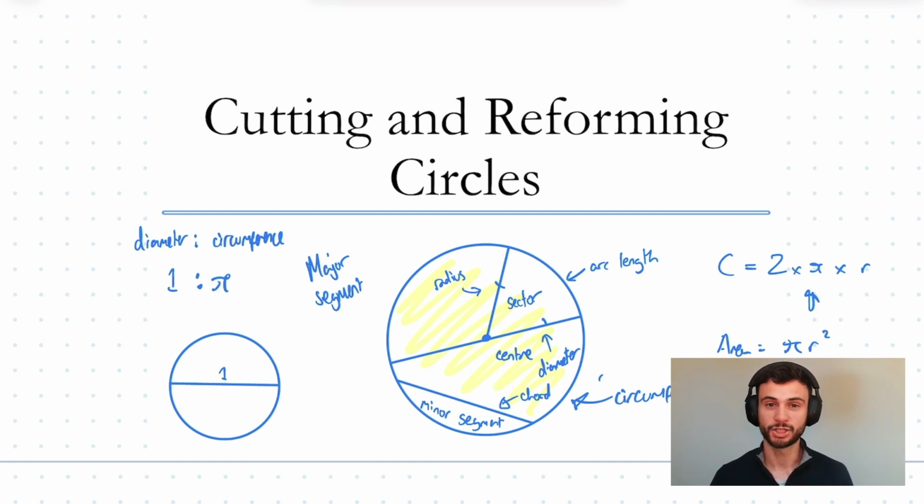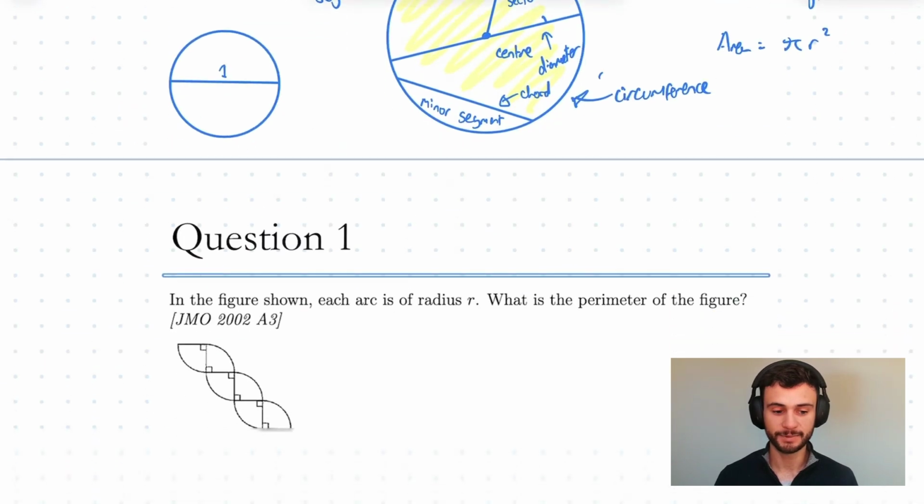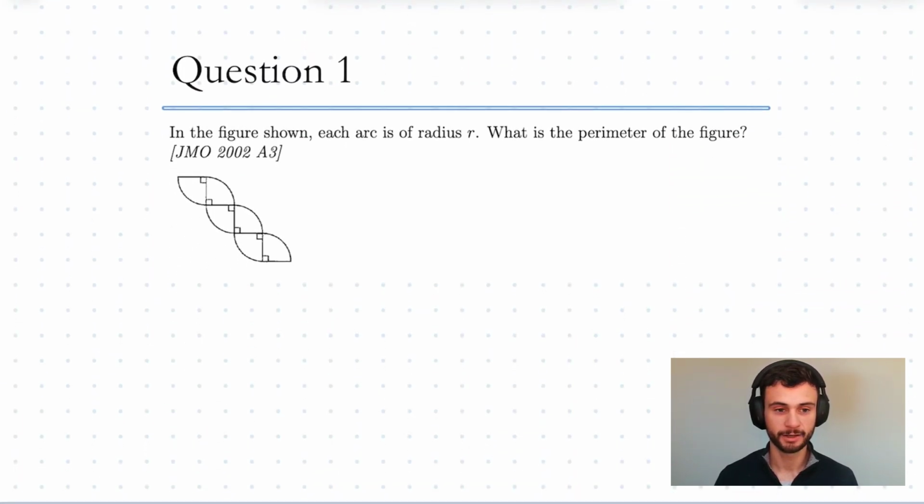And with that information, you can now dive into the questions that we're about to look at. Now, you might not even need a lot of this information. This is everything you need to know about circles for now, in terms of their perimeter, area, and their key parts. You may even be able to simplify some of these questions down, so you don't even need that information.